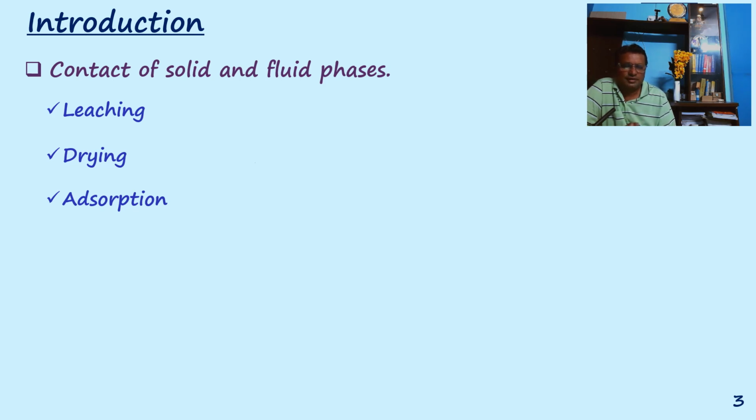The solid in that case is called the adsorbent, and it has the ability of preferentially concentrating specific substances on its surface. Say for example, let us say that this is the adsorbent.